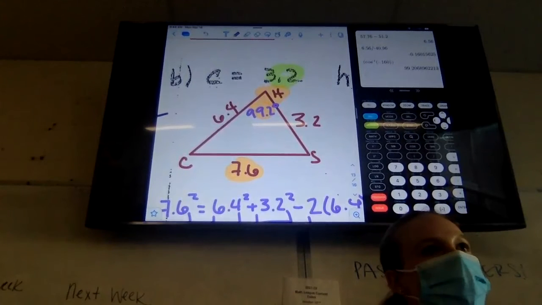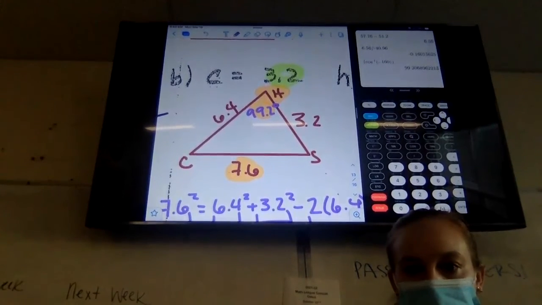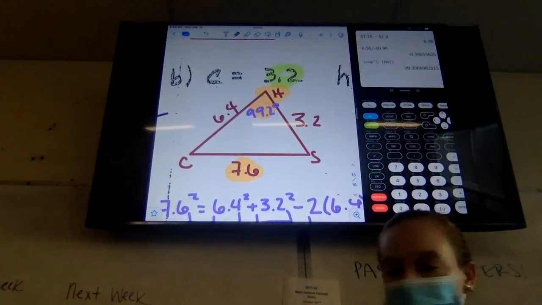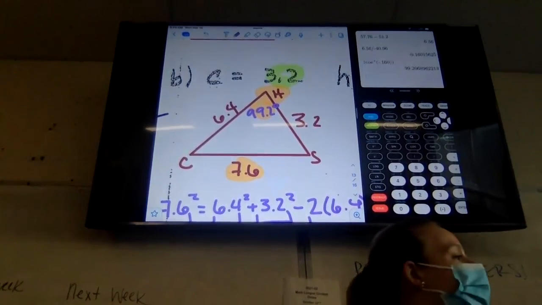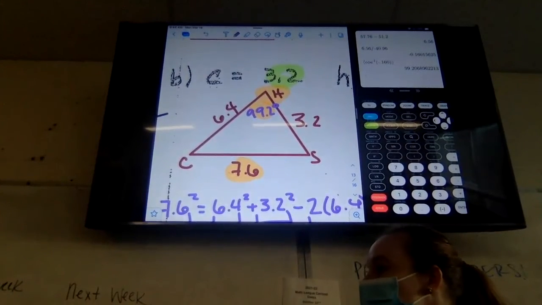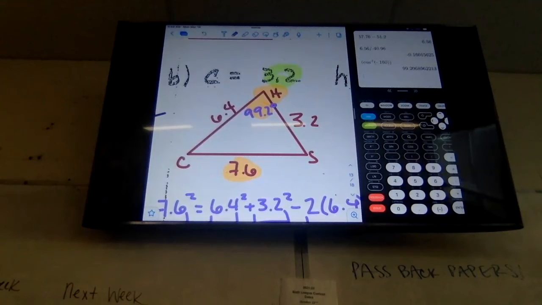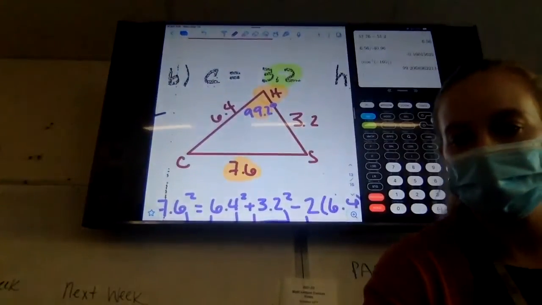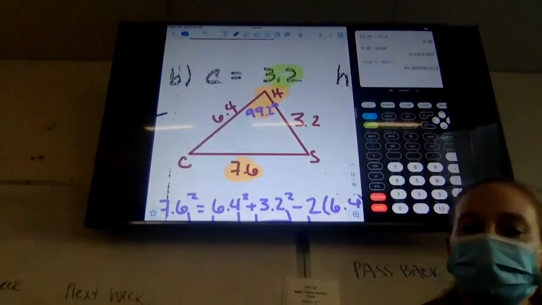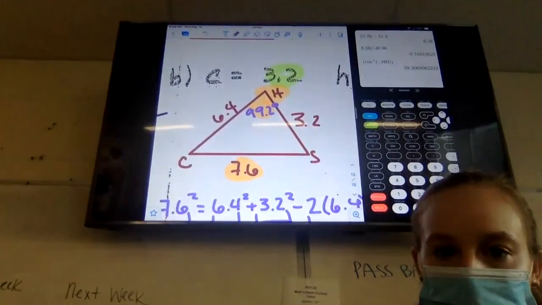Any questions yet? Okay, go ahead and do your law of sines. Also behind you in red, you're allowed to use that. It's just a little four-function one. That's all you need. I'm just double checking this answer is good before I move on to do my law of sines.